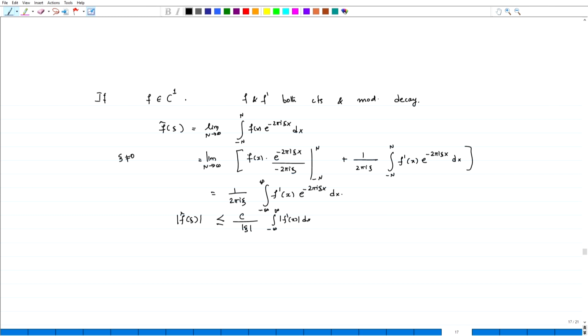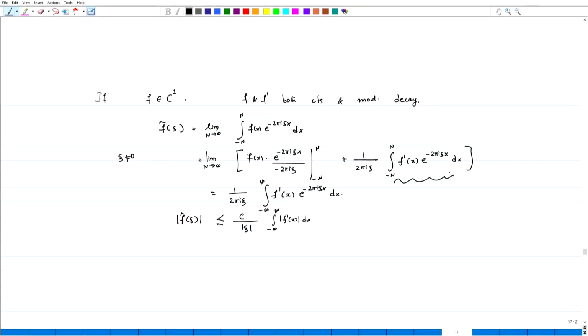Now if we give certain smoothness on our function f, then we get some decay. With f once differentiable and f prime integrable, f hat has a decay like 1 over mod xi.